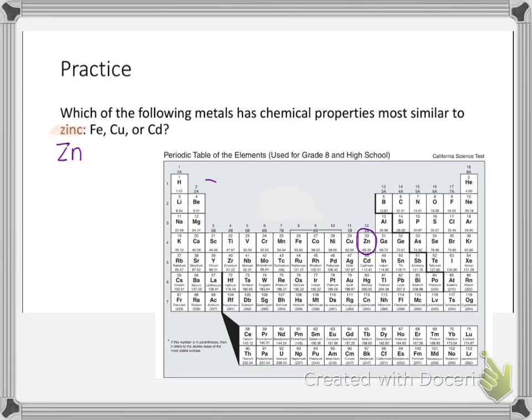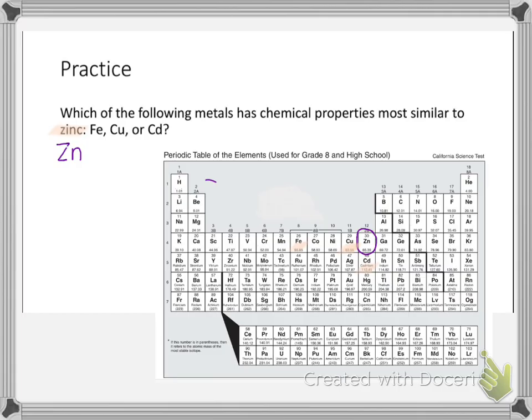So let's look where the elements are that they have asked us to compare. The first one they said is iron, which is right here, and then copper, which is right next to zinc, and then cadmium. The question wants to know, of those three elements, which would most likely have similar chemical properties to zinc? So pause the video, get an answer, and then I'm going to answer it.